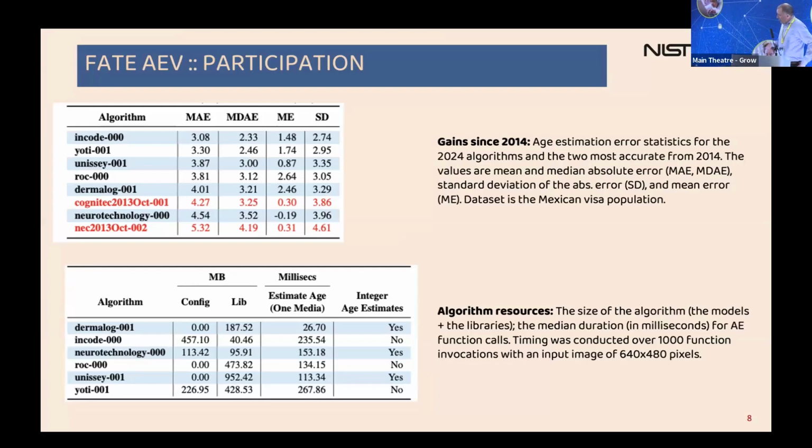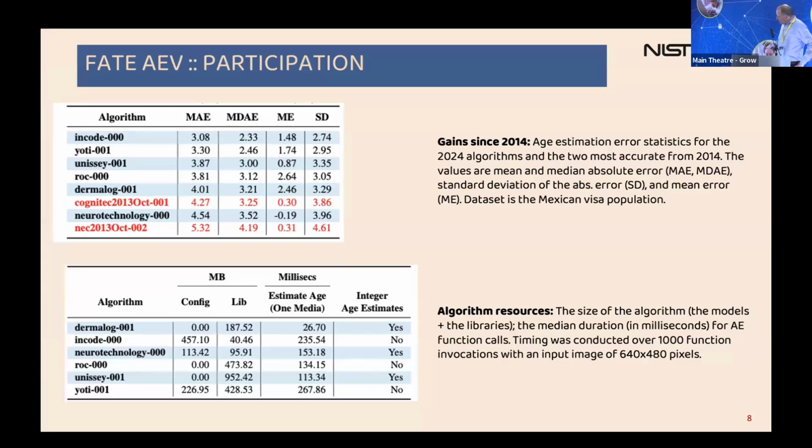Then we ran it on an exact database that we used a decade ago. The 2 algorithms in red were the leading algorithms at that time from face recognition companies. But 5 algorithms now beat that pretty much on the 4 different metrics shown there, mean absolute error and some of the others that were less interesting or notable. 1 algorithm is actually inferior to Cognitech 2014. Maybe that's unexpected.